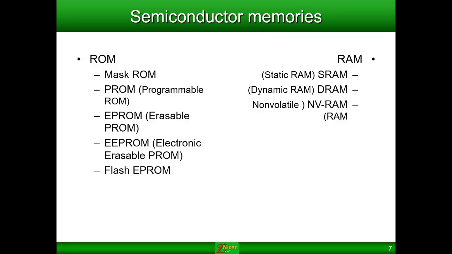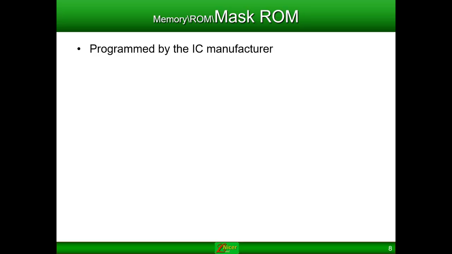Normally the RAMs are volatile, which means that the information they store is erased when the power is turned off. But there's also a non-volatile type, which retains the information even when power is off. So let's move on.